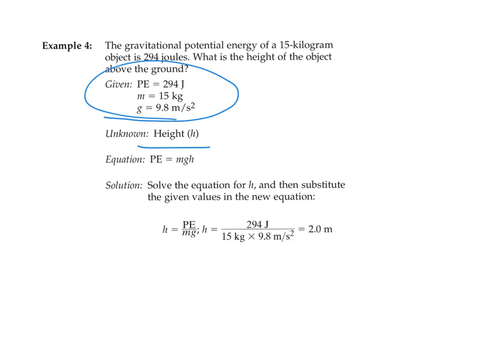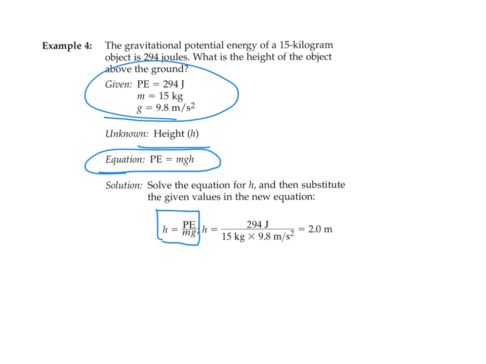In order to do that, we have to manipulate our base equation. Our base equation is this one, but when we're solving for height algebraically, we have to manipulate it a little bit. So height is going to be potential energy divided by mass times gravity.